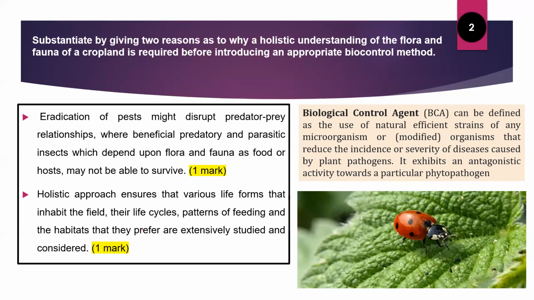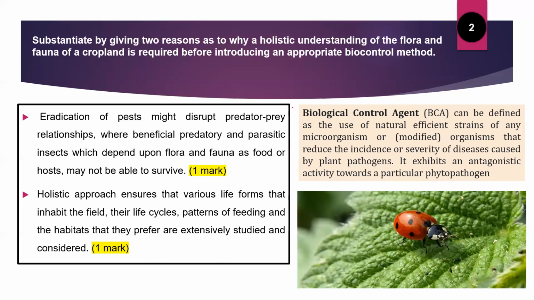Now, what if we can use natural agents or some modified organisms to ward off the pathogens and diseases? So basically, we're trying to use biological control agents, which are natural enemies of the pathogens, and we are able to protect the plant, right? So that is the essence of biocontrol agents.